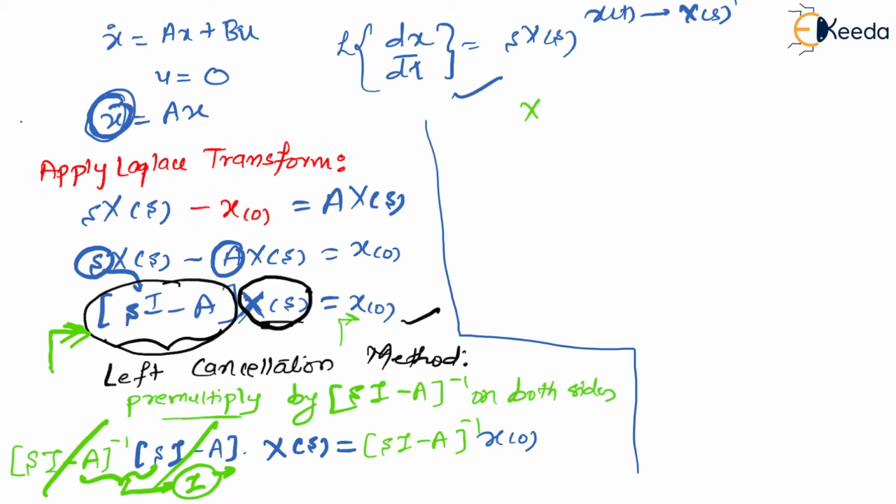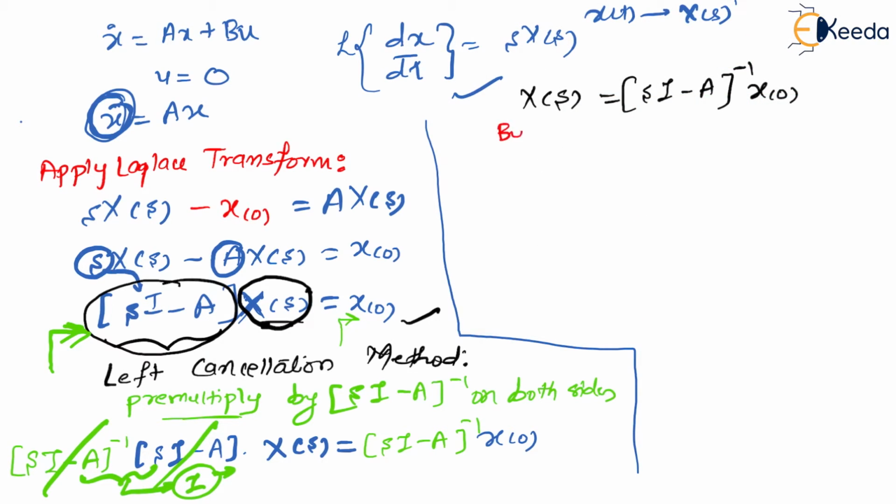So what do I get here is X(s) equal to (sI minus A) inverse into X naught, or X(0). Did you get this? Yes. Now what I want is X(t), so let us apply the Laplace inverse.